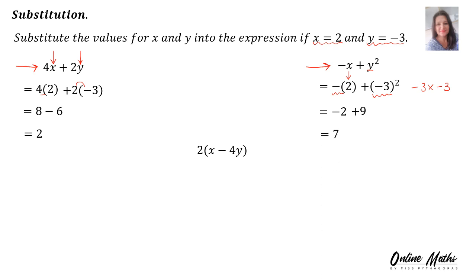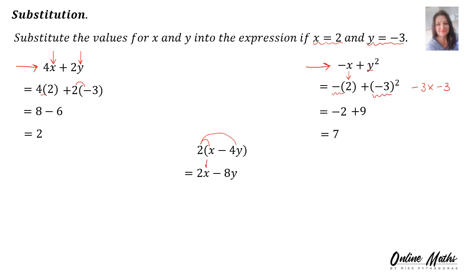Now the third sum here in the middle, again we want to substitute, but first we have to use the distributive property of multiplication, and we're going to multiply in this 2. So it becomes 2 times x is 2x, and 2 times -4y is -8y. Only now will we do the substitution.